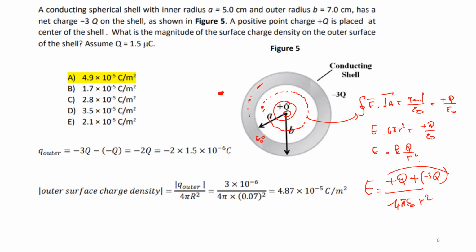This is what I call the net charge, the total charge. The electric field outside will be just minus 2Q divided by 4 pi epsilon naught r squared, just by Gauss's law. So Gauss's law should be very quick. You do it properly and you get the right answer for the electric field of a highly symmetric distribution of charge.